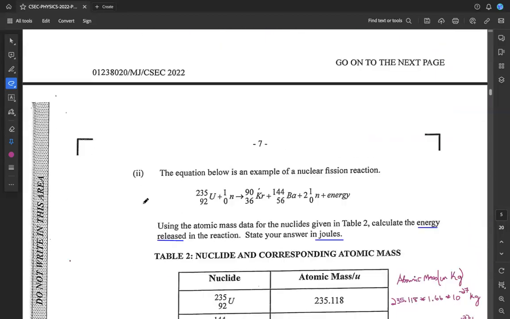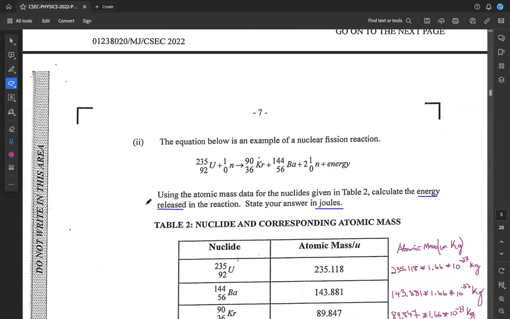So now we're moving down to part 2 of C. In part 2, they're giving us an equation as an example of a nuclear fission reaction. So we see that for this splitting, we are bombarding the nuclei of a uranium-235 isotope with a neutron.